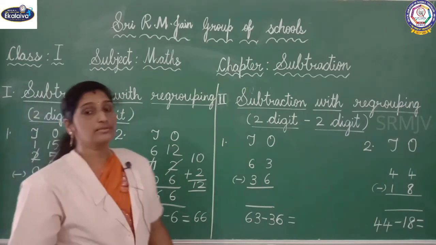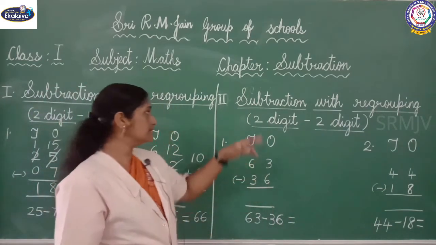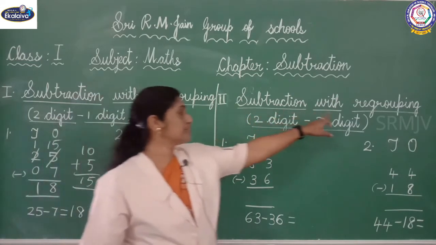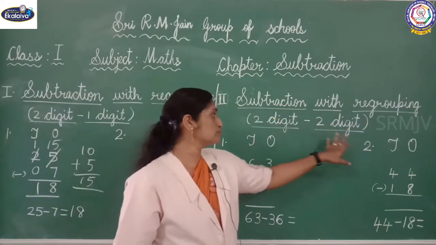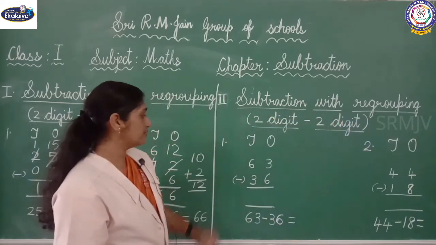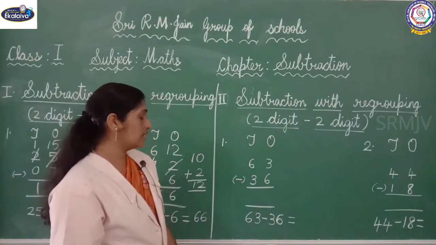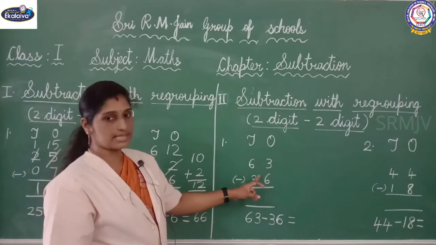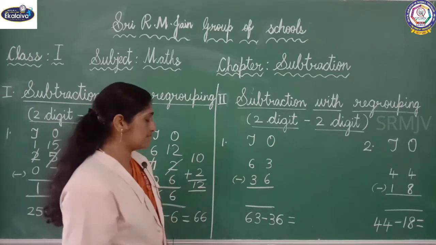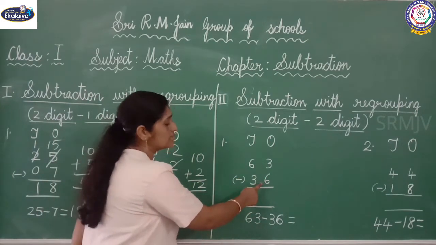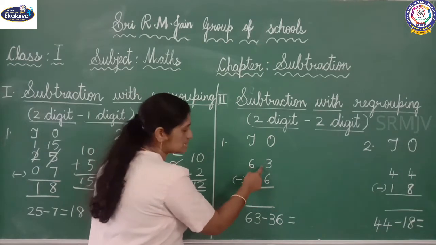Now we are going to second heading, that is subtraction with regrouping 2-digit to 2-digit. Okay. Now see the first sum, 63 minus 36. Now we are going to subtract the ones. It is not possible to subtract 6 ones from this 3 ones.